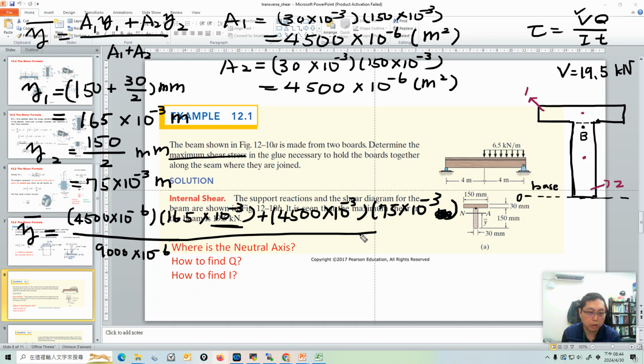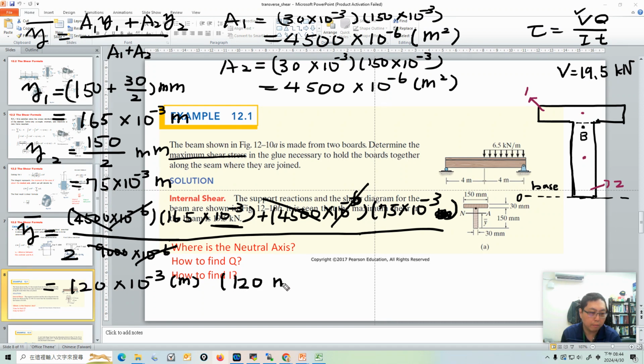The number is easy to calculate, so we divide everything by 4500. So it's 165 plus 75, which is 240, divided by 2, so it's 120 times 10 to the power minus 3 m. Actually it's 120 mm.